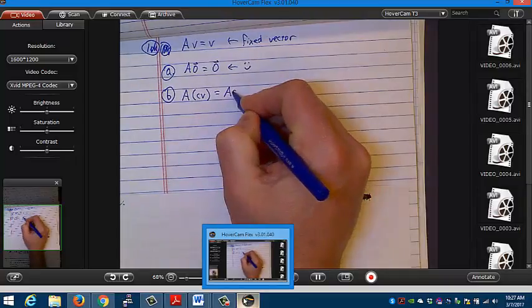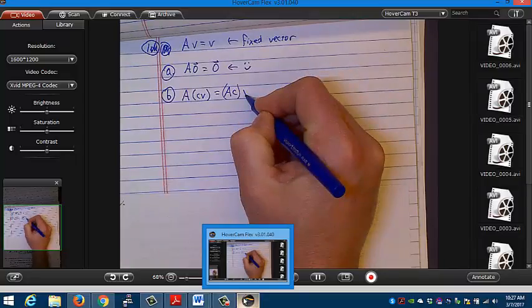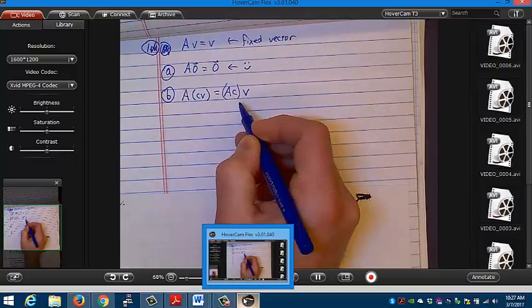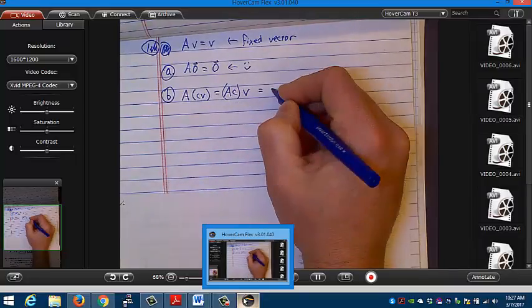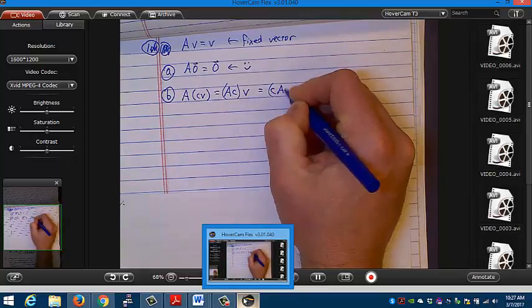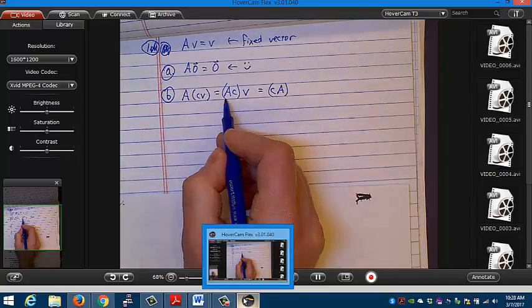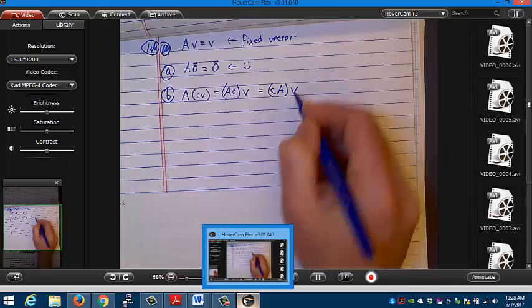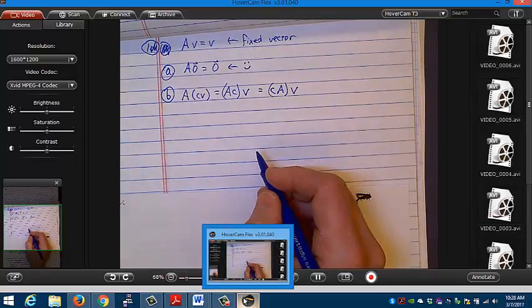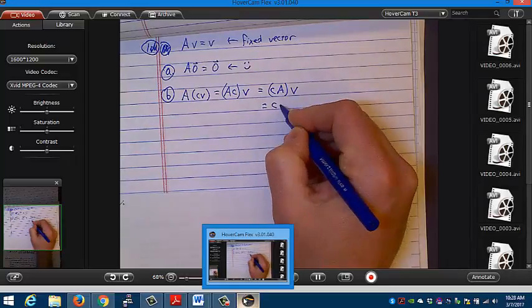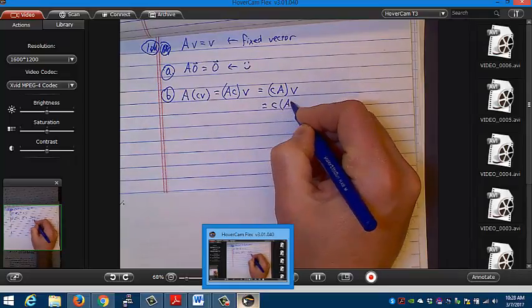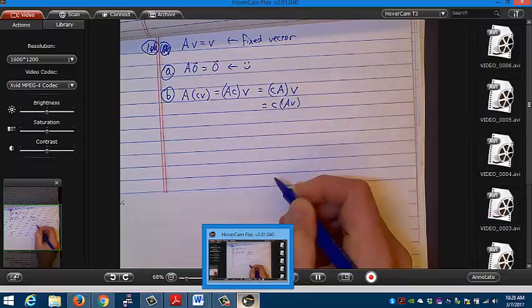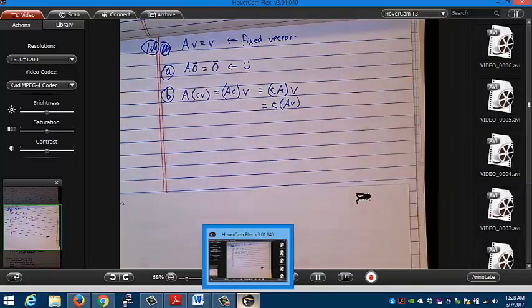We'll say that you can do this because matrix multiplication is associative. And then I like your move here where you say, I know that a scalar can kind of slide through a matrix, right? So that equals C times AV. Then what?